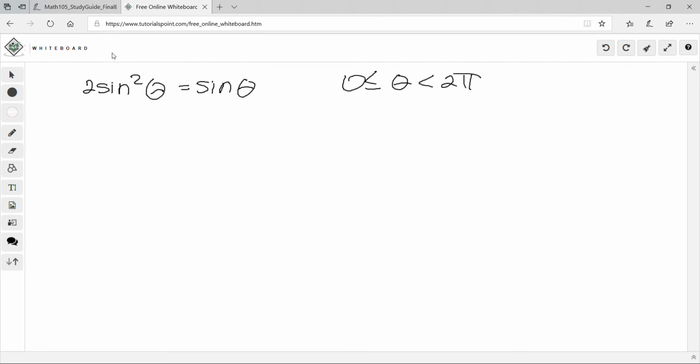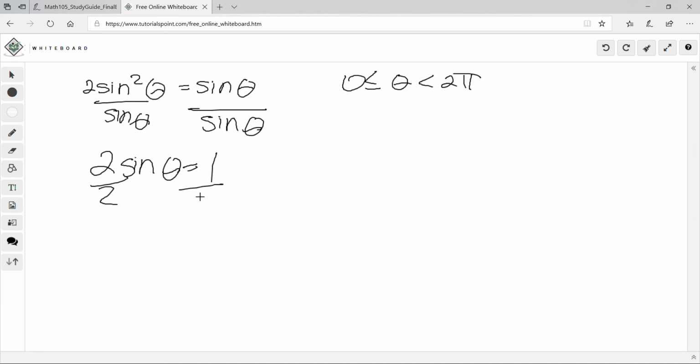So first I want to solve for theta. What I can do is divide both sides by sine theta. So you get 2 sine theta equals 1, and then divided by 2, you get sine of theta equals 1/2.